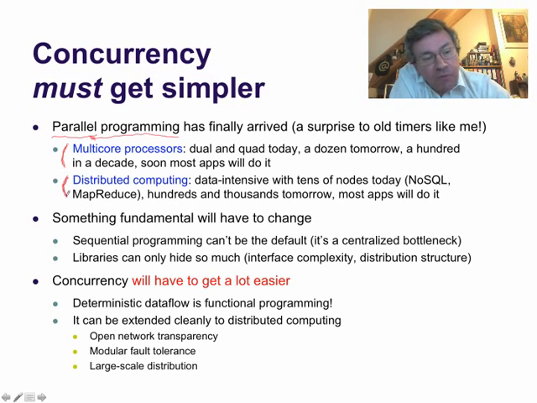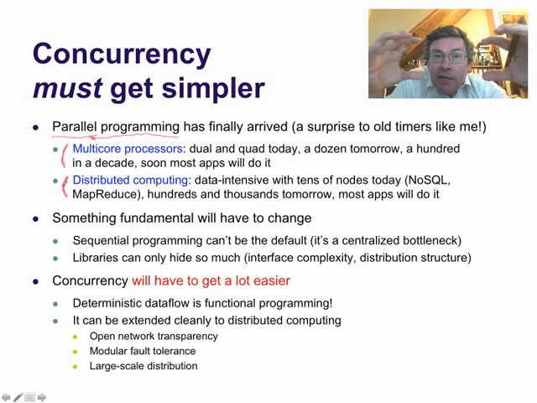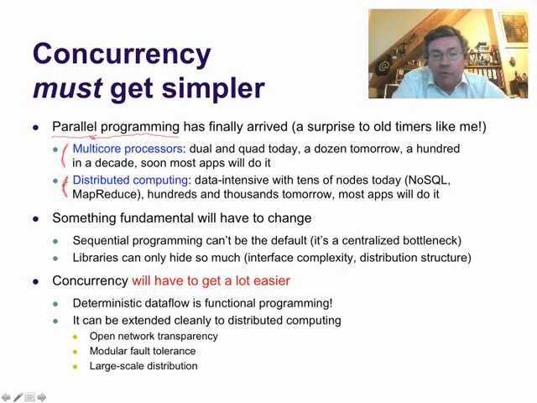The second point is distributed computing. So the internet is now very reliable, high bandwidth, low latency, much more than it was in the 80s and 90s. So it's a good base to build distributed applications. We also have cloud computing, which gives a huge number of systems with a high performance network in a single installation that we can use.